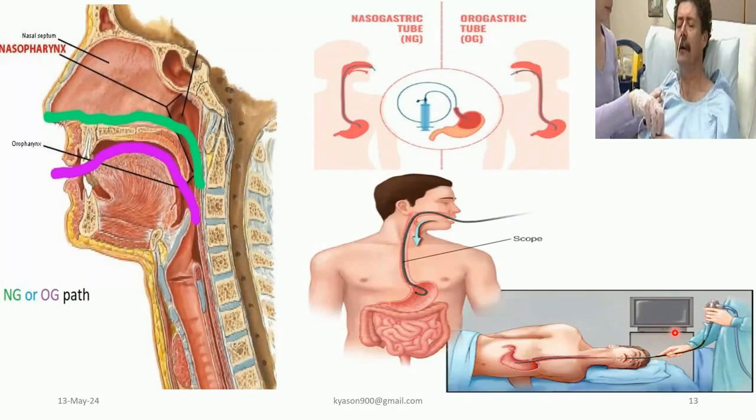Okay, then we have what we call an endoscope. An endoscope is just a surgical instrument that has a camera at its end. It's inserted into the mouth, down the throat, through the esophagus, to take pictures of the stomach or the esophagus, so that different conditions can be diagnosed.